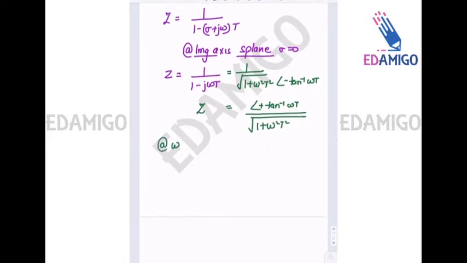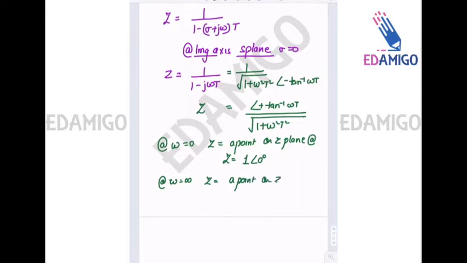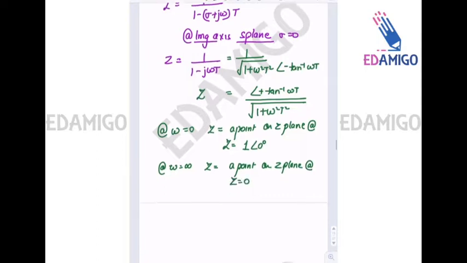Now we can see that at omega equal to 0, z will be a point on the Z plane at z equals magnitude 1, angle 0 degree. And at omega equals infinity, z will be a point on the Z plane at z equals 0.